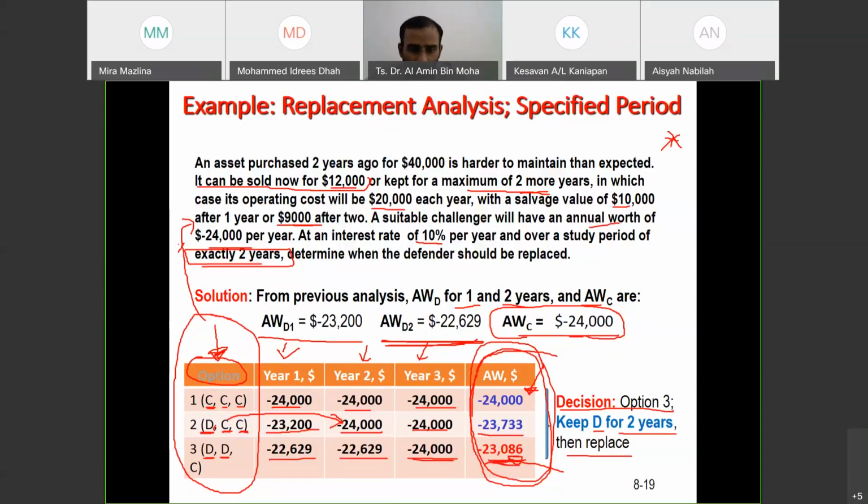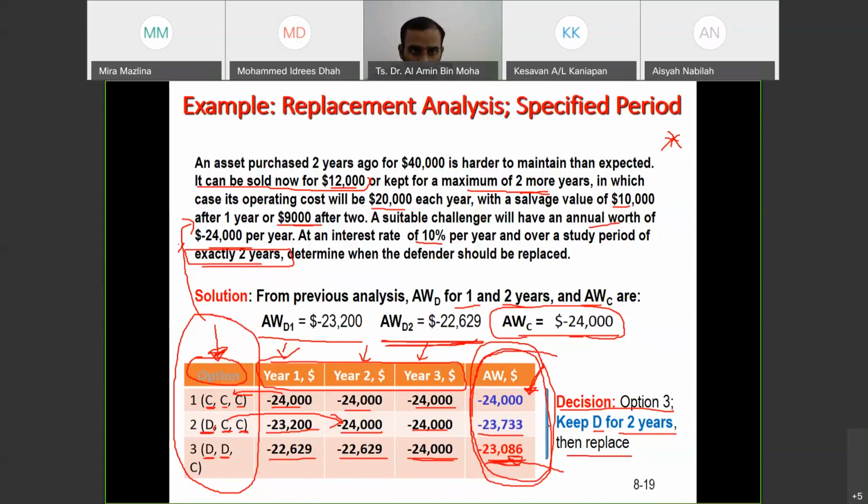In order to get the average, we need to calculate each year's AW based on the scenario. If anything goes wrong in the assumptions or in the options that we wrongly pick, it will lead to the wrong decision. So we need to be careful.